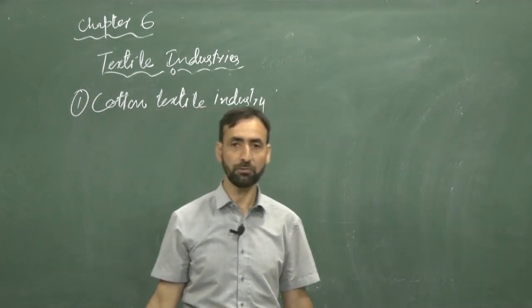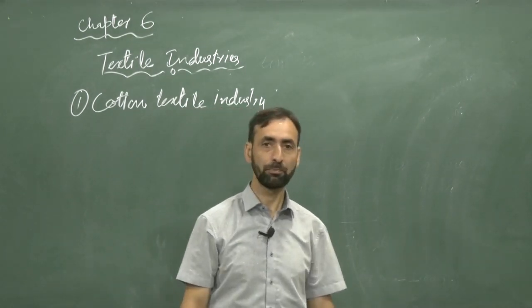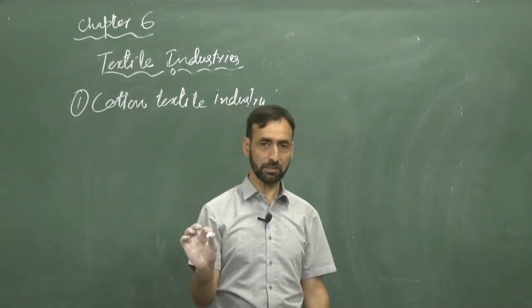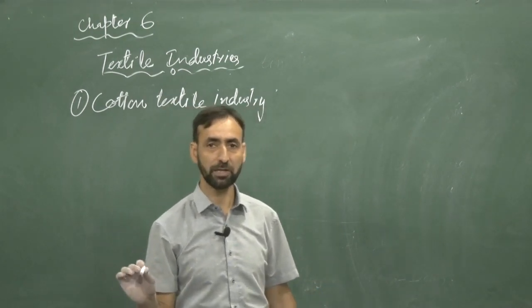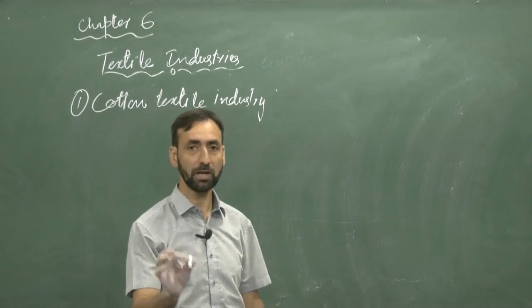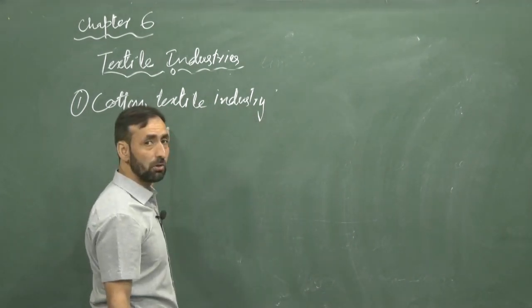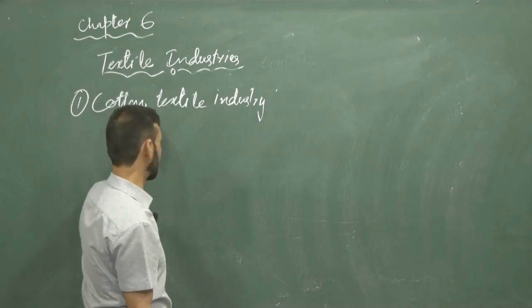Mostly it is obtained from the black soil which is found in Maharashtra. In this way, the first cotton textile industry was established in Mumbai because it is in Maharashtra. Maharashtra has black soil. Black soil is also known as cotton black soil because cotton is grown there.